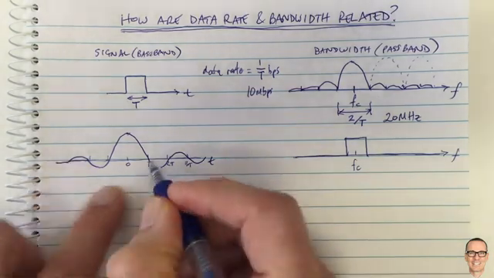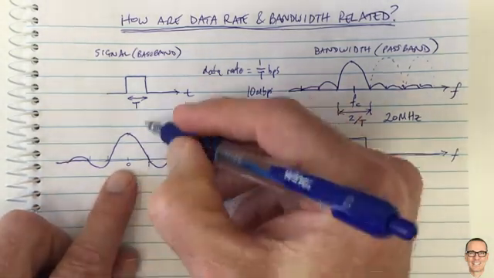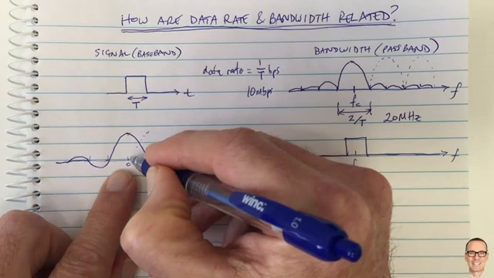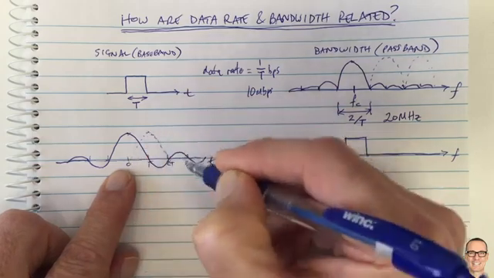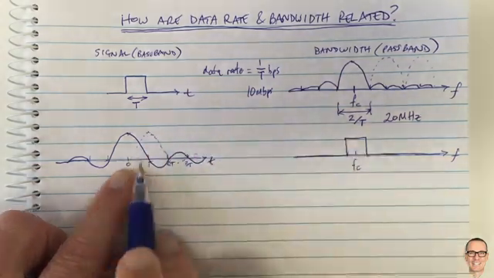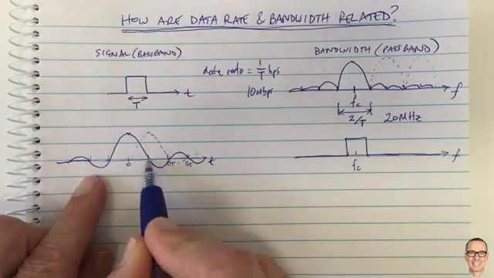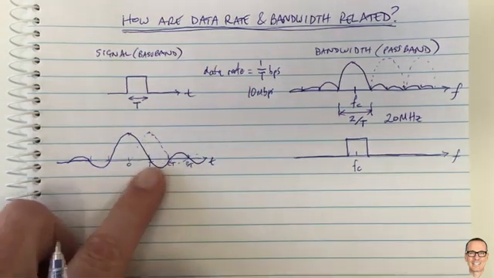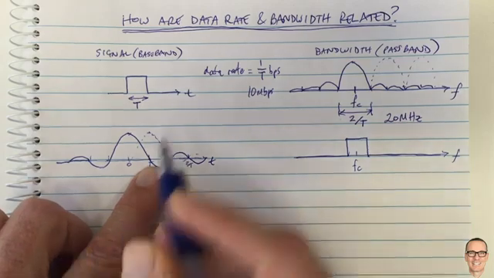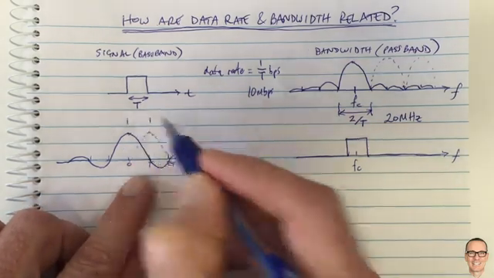If we send another signal afterwards, time T later, this signal will be going through 0, and so it's not going to interfere with the signal that comes at time T later. This might be if we sent a 1 followed by a 1.